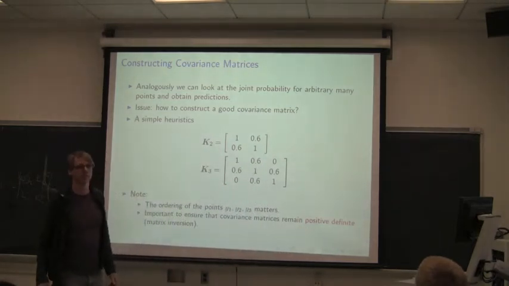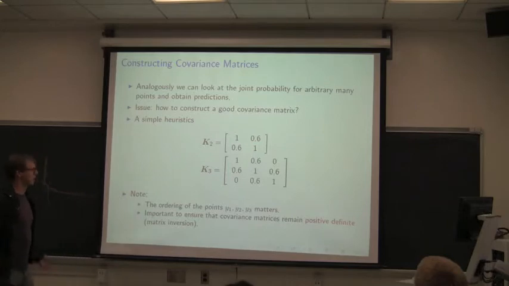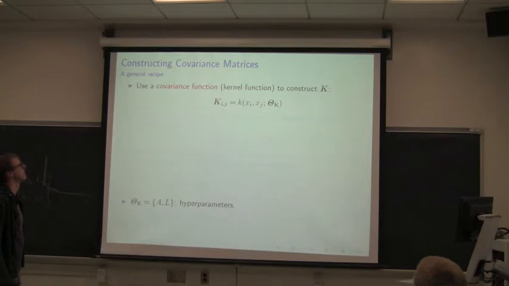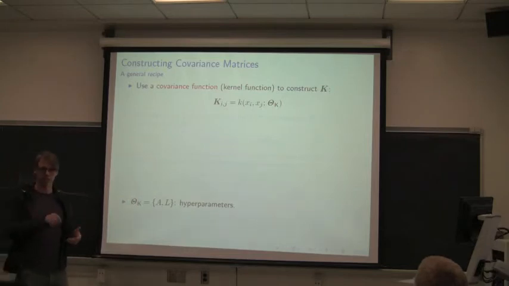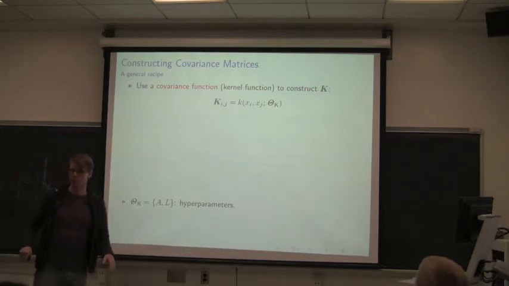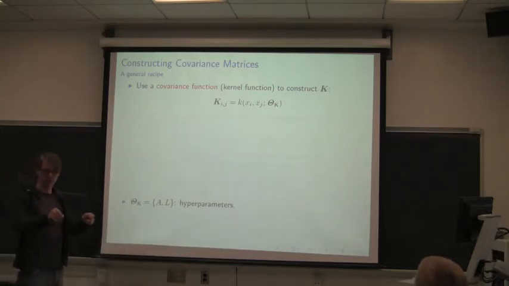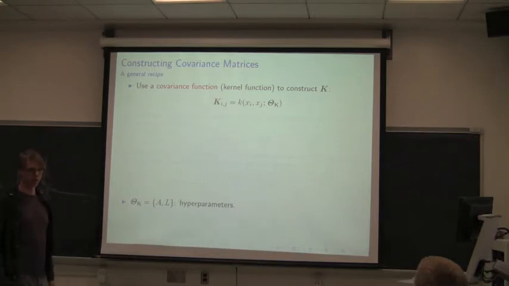If we do inference in Gaussians, we always have to do inversions, so they have to be positive definite. Of course, we cannot just write down a covariance matrix that says, if things are close to each other, give them a high covariance value. So we need a general recipe to compute these covariances.